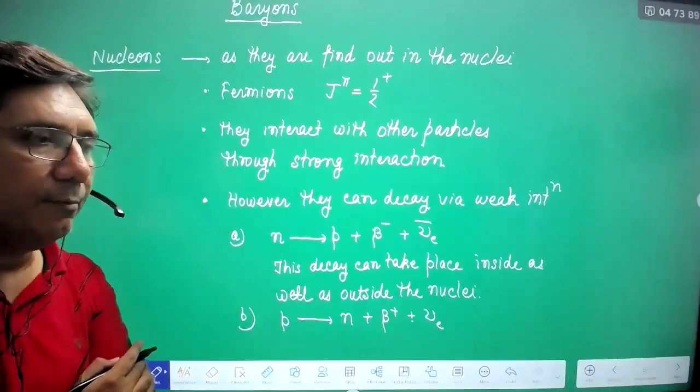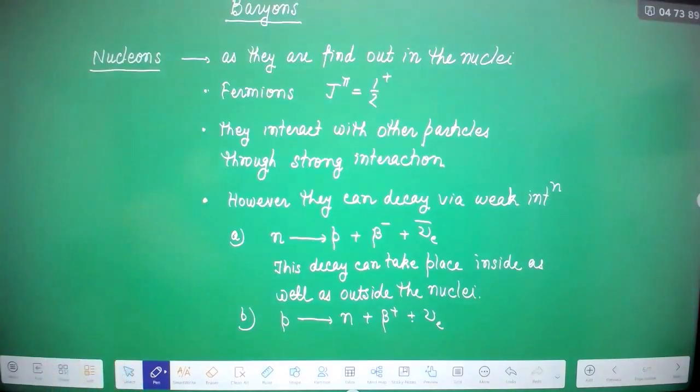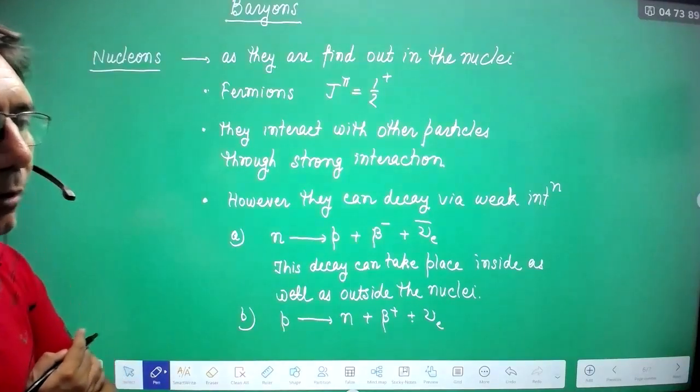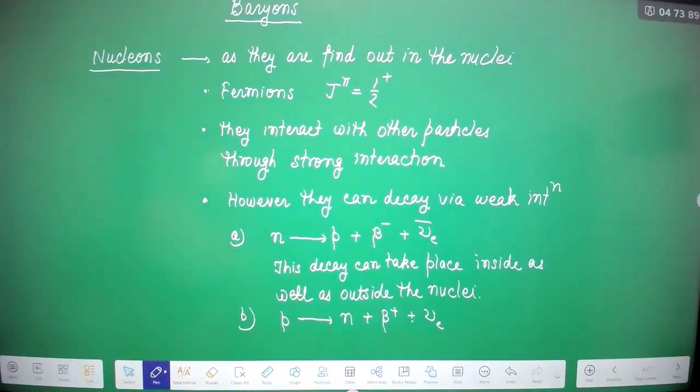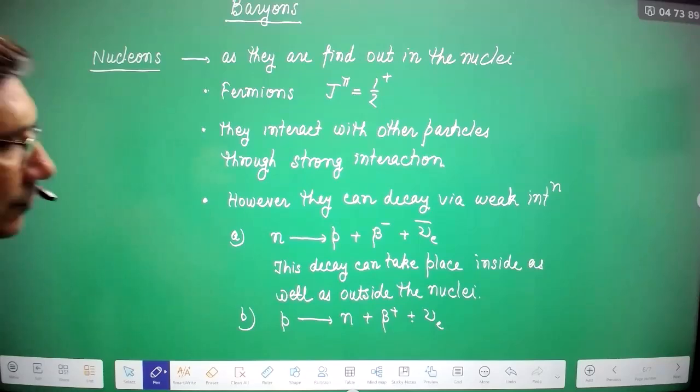Because the mass of proton is less as compared to the mass of neutron. So two types of nucleons are there.